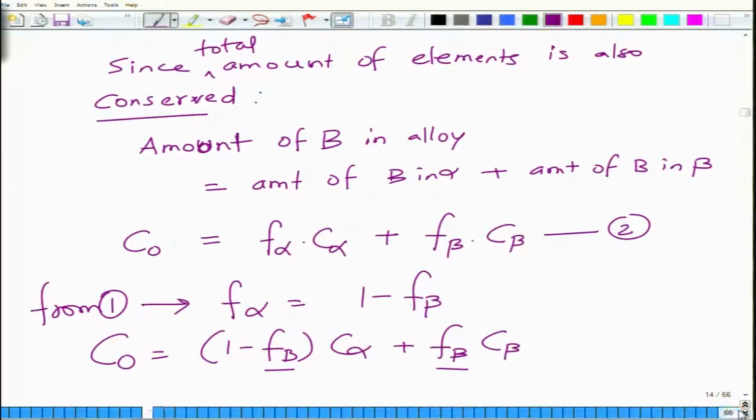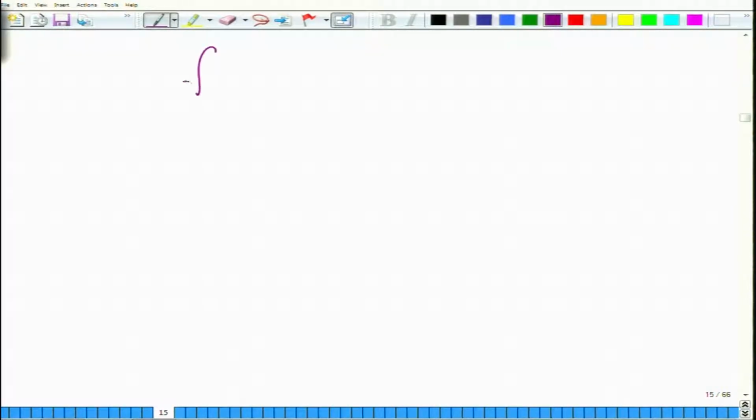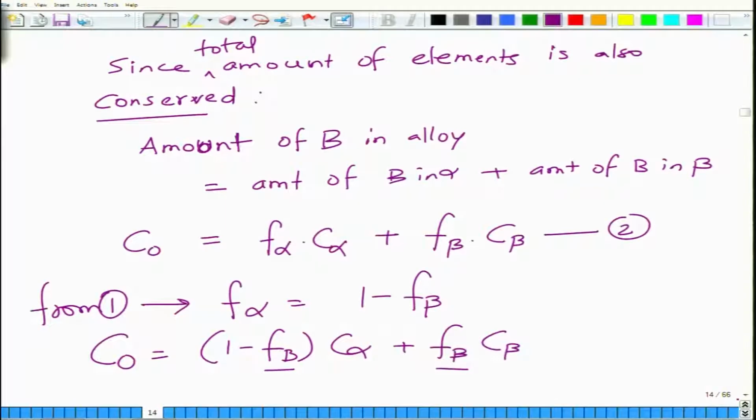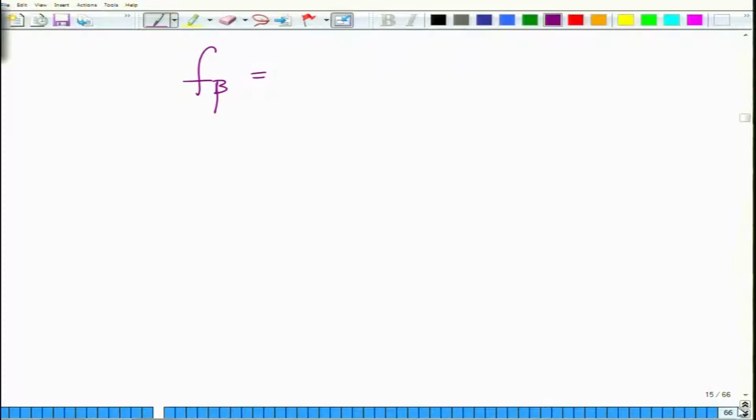So F beta can be found from this expression: it will become F beta into (C beta minus C alpha) equal to C naught minus C alpha.